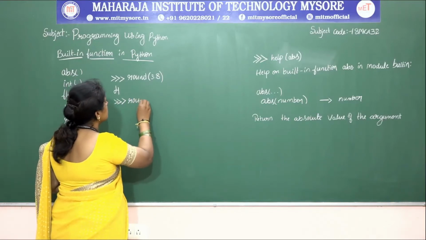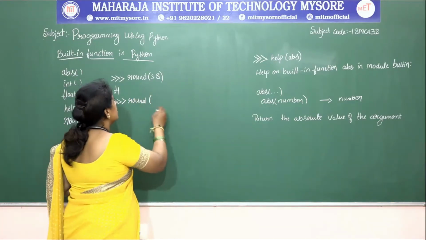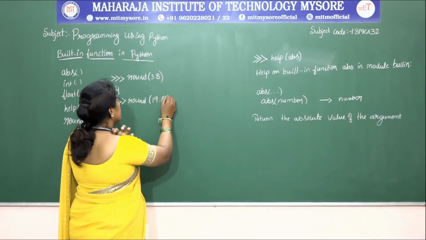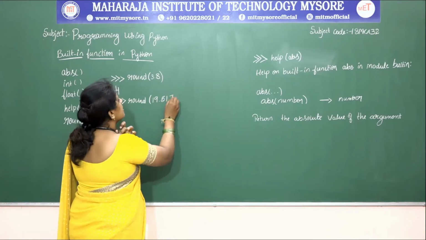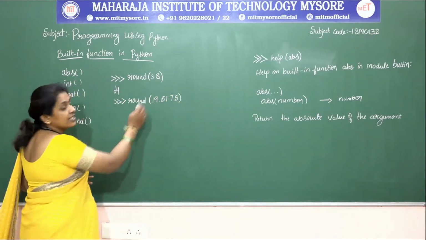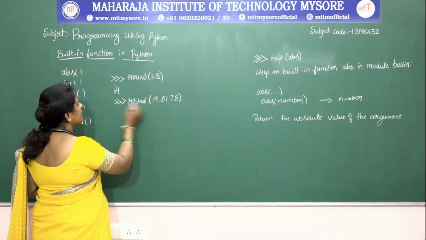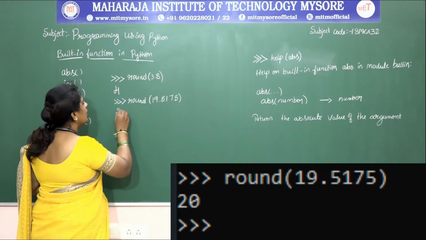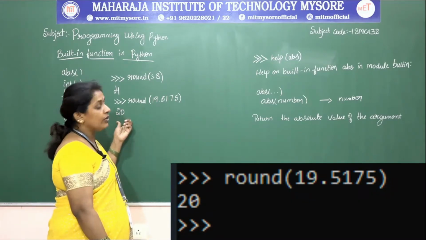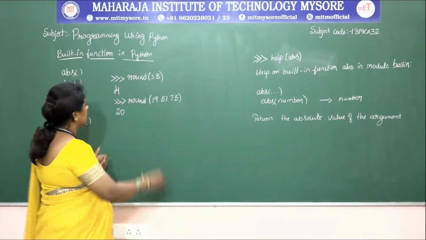Round 19.5175. When this statement is executed, it will be converted to the value 20, right?